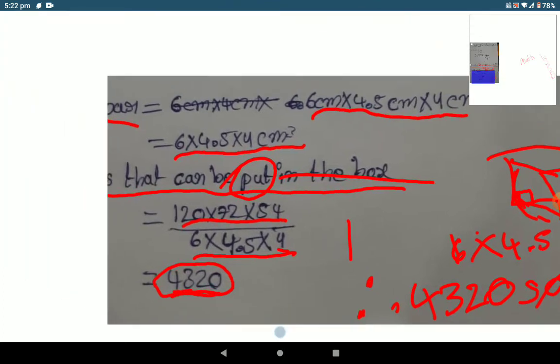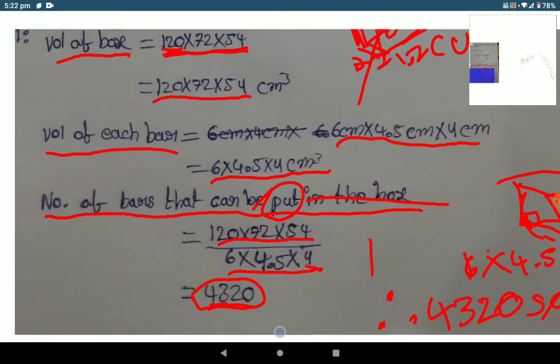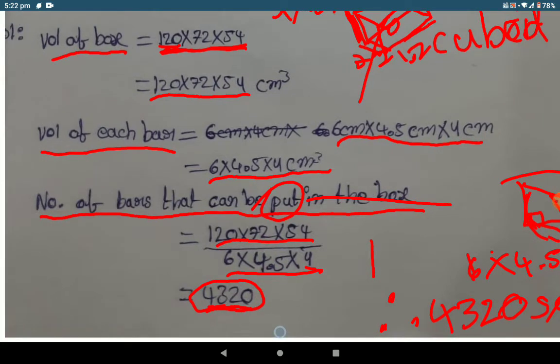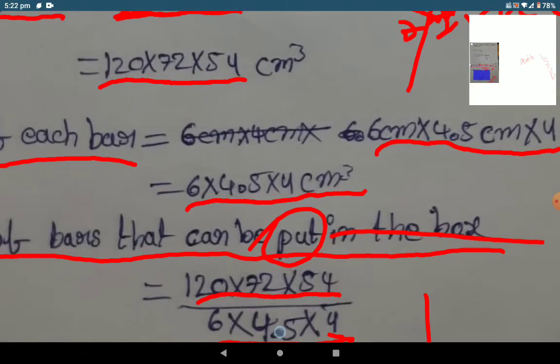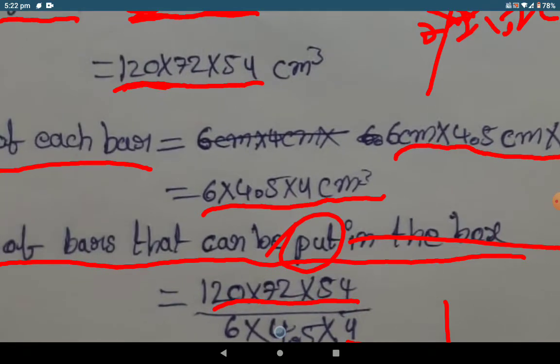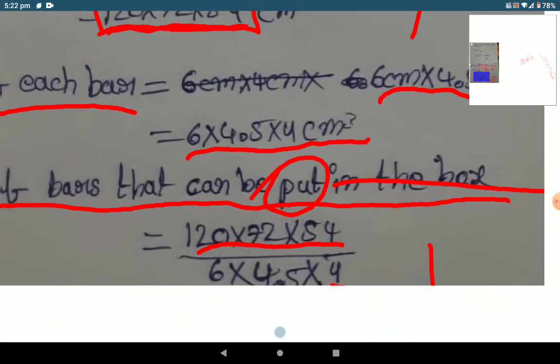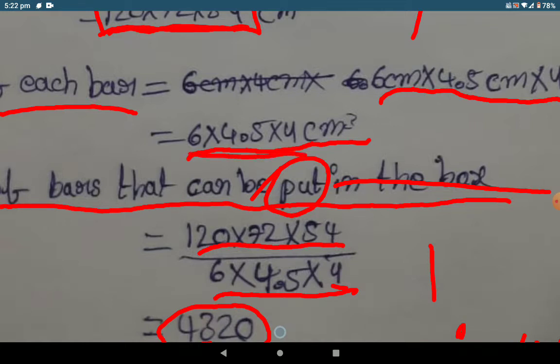There are a few points to mention. The most important is you shouldn't multiply these. No multiplication is required. These two shouldn't be multiplied because it is unnecessary and it will waste your time.